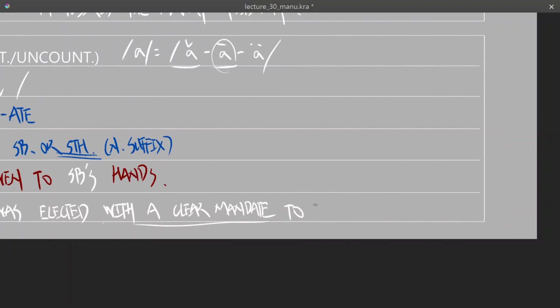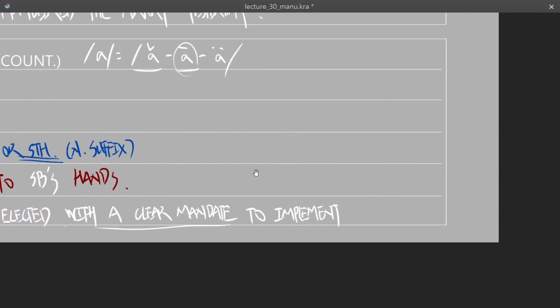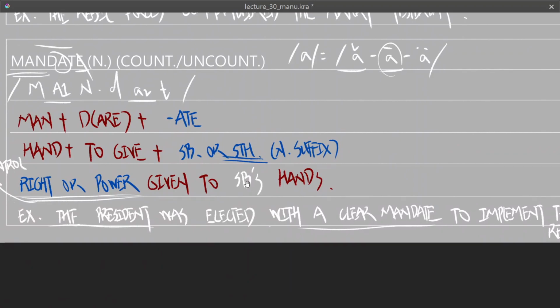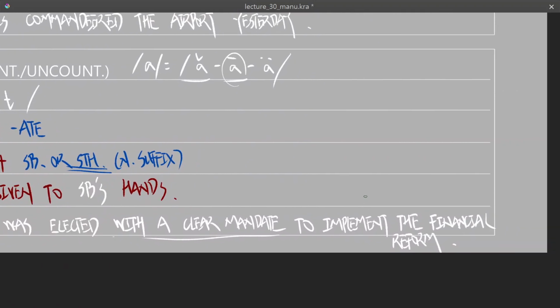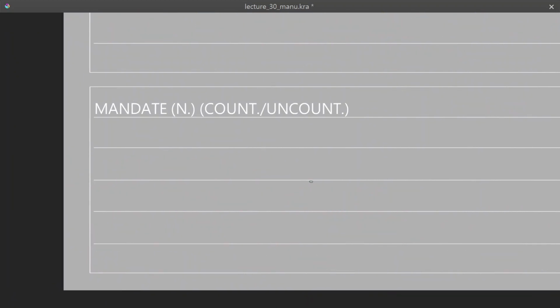To implement the financial reform, for example. The president was elected with a clear mandate to implement the financial reform.